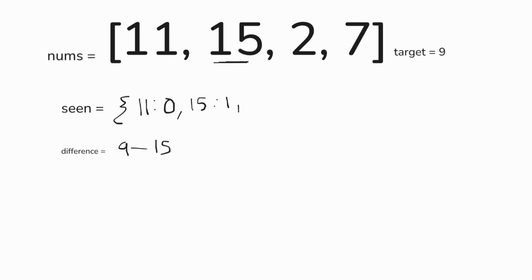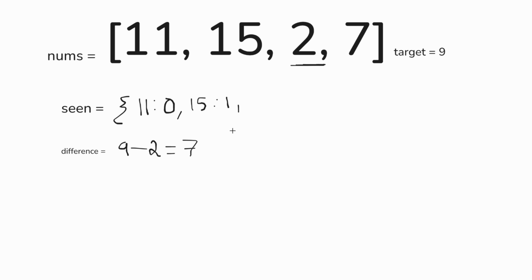Cool. And now we're going to go to 2 here. Okay, so we have 9, 9 is our target, and we always know that the difference is the target minus the current number that we're at. So the current number that we're at is 2, and we know that 9 minus 2 is going to equal 7.